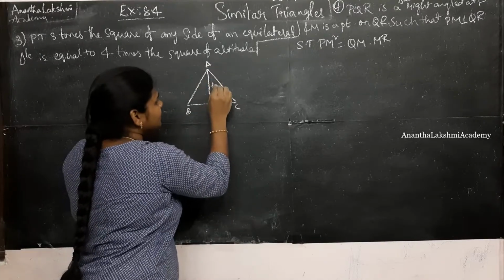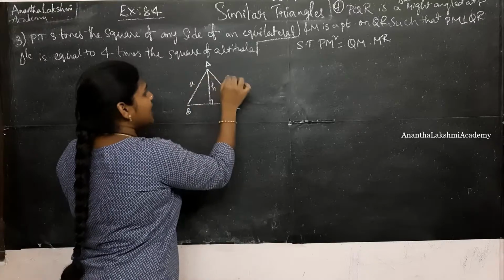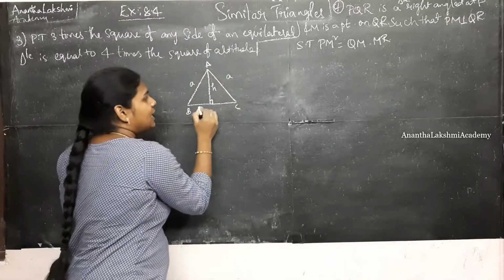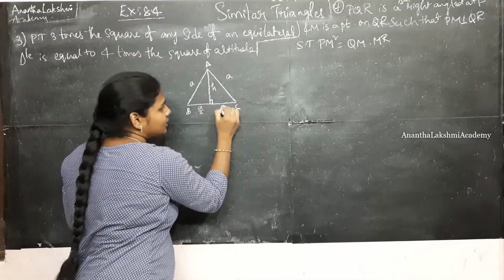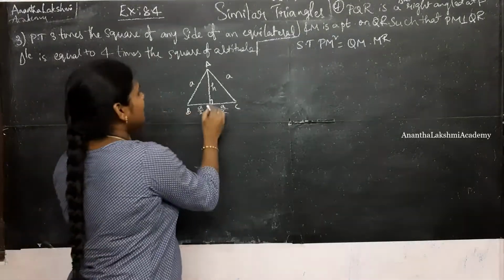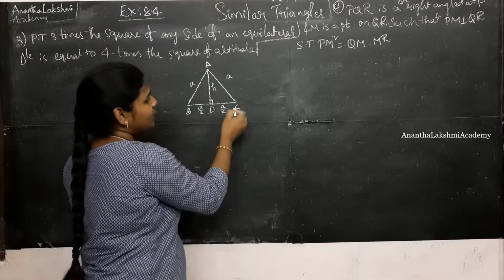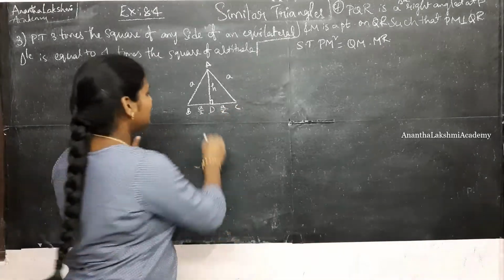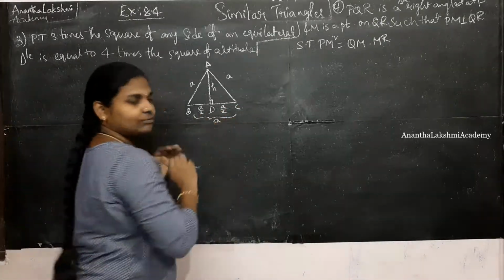If we consider the altitude as H and the side as A, the altitude divides the side in 2 equal parts, such that BD is equal to A by 2 and DC is equal to A by 2. This total side is A.